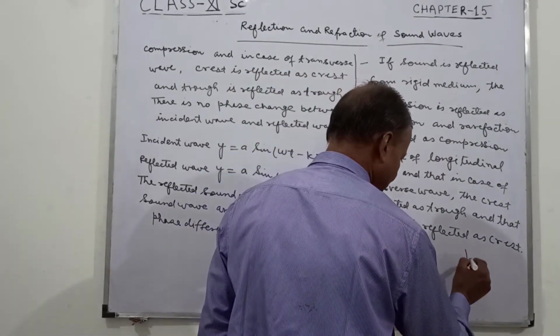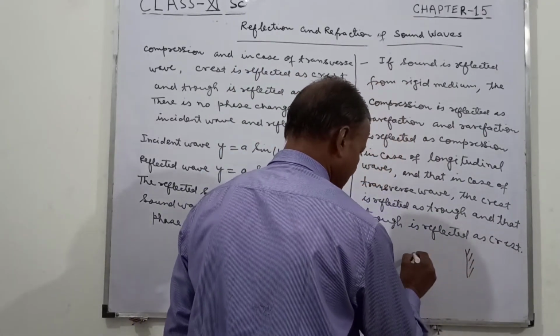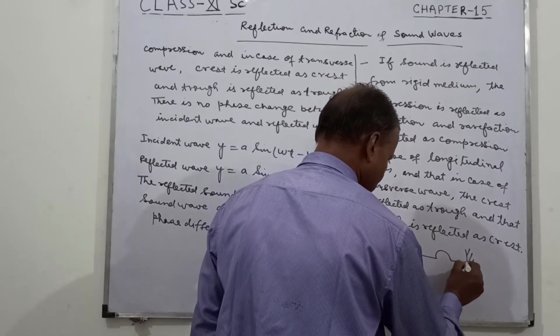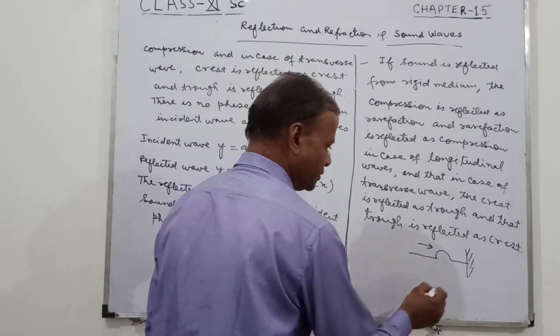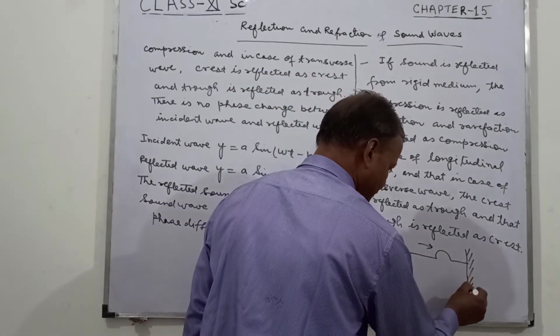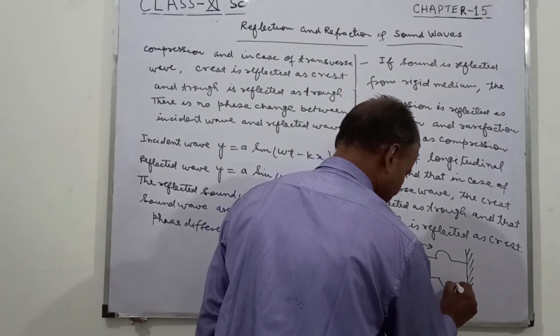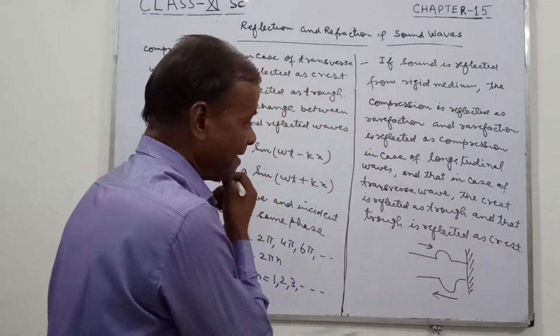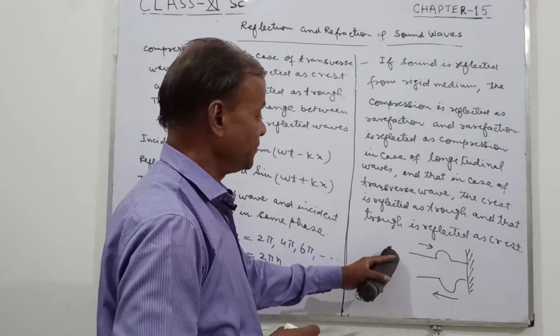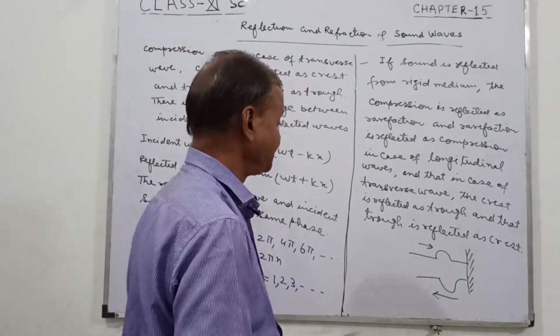Suppose over here I am having this rigid medium, and this is a trough. This is a crest moving towards this one, and when this will be reflected, then there will be like this. So in this case there is a phase change of pi radians.